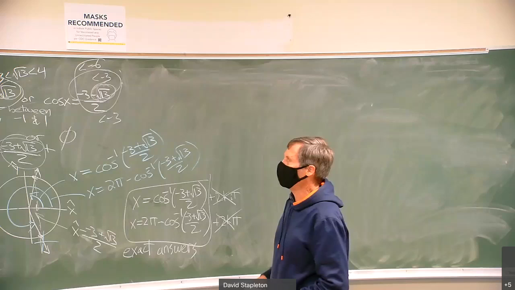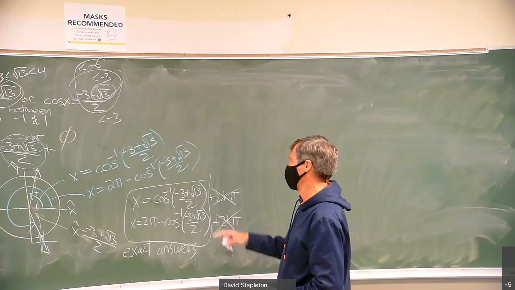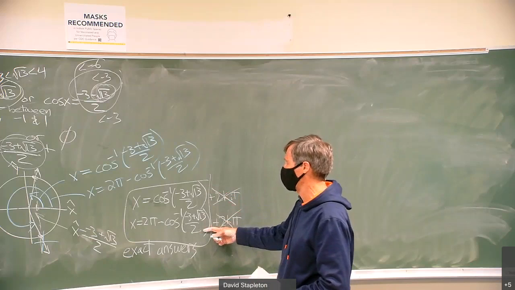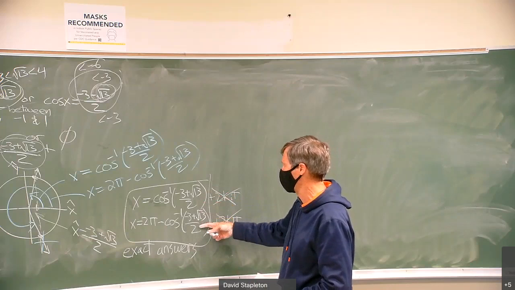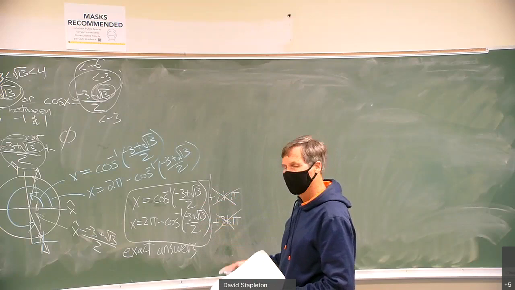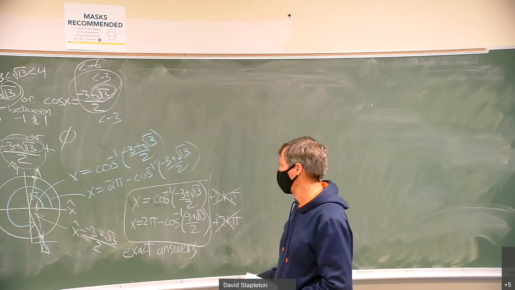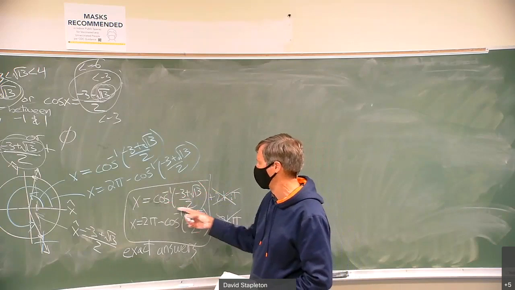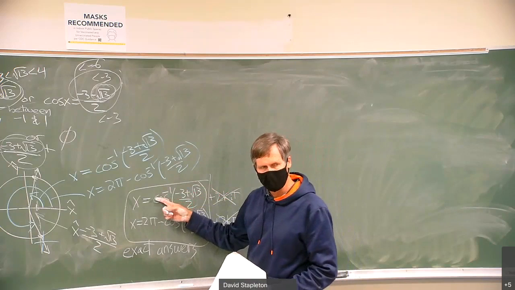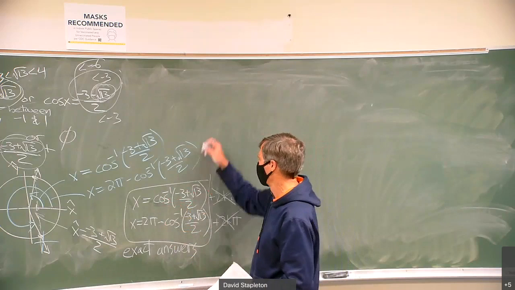So that was the last method we did. We said sometimes we have pretty nasty answers, but we can still write them exactly in terms of arc cosine. Might on the test say give a decimal answer. In that case, you just have to evaluate this on your calculator and give the decimal version. There's nothing more to it than that.